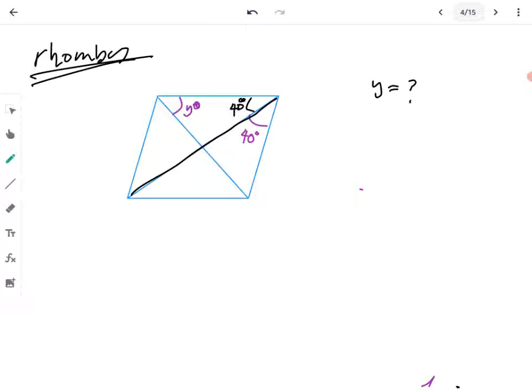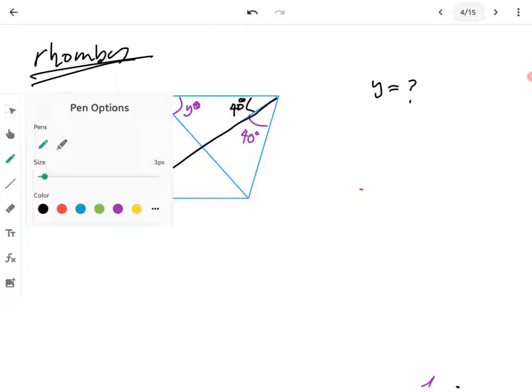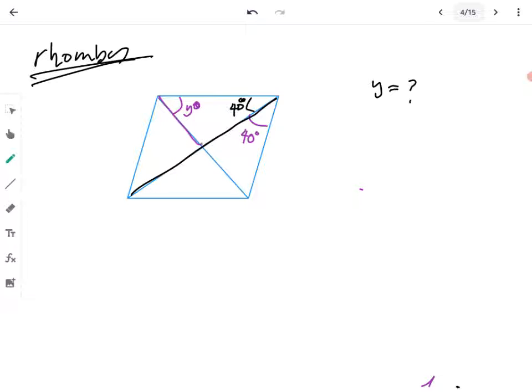Now we can use that 40 degrees and y to form a triangle. We know that the diagonals of a rhombus bisect each other at right angles, meaning this is the right angle here.